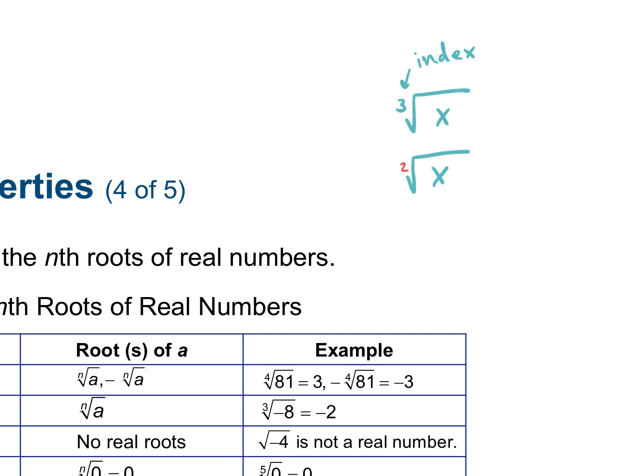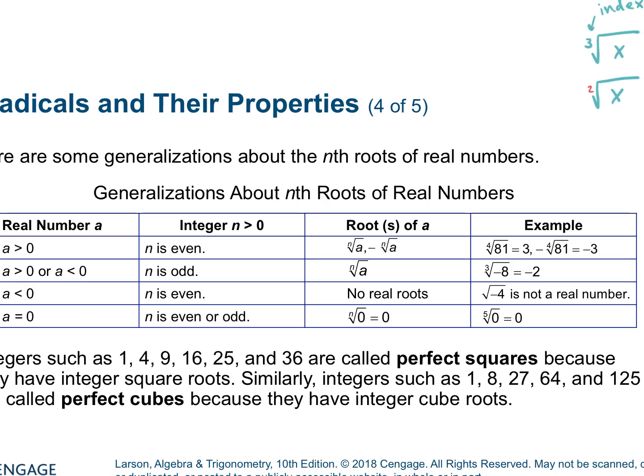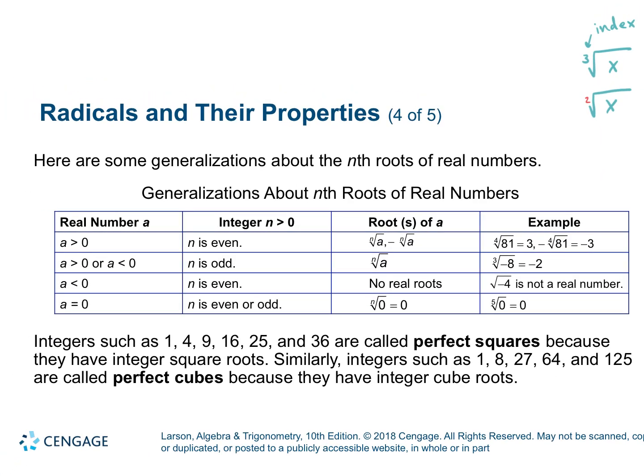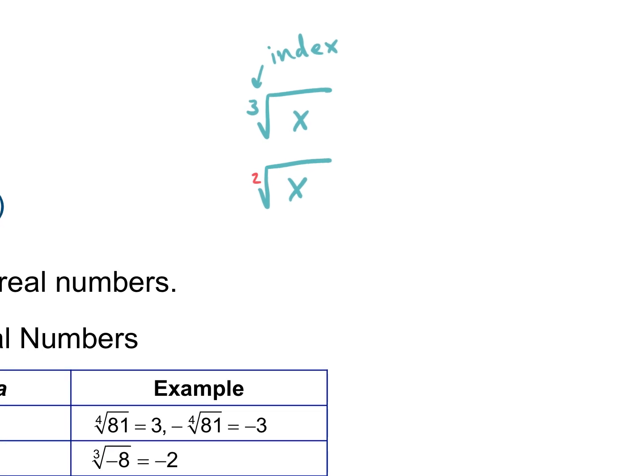Now, if we have an even index, we can't take the root of a negative. So let's say we had the 4th root of negative x. This is not real. Can't do it.